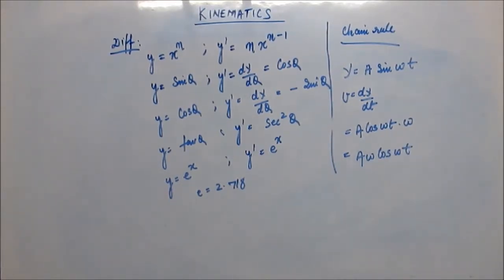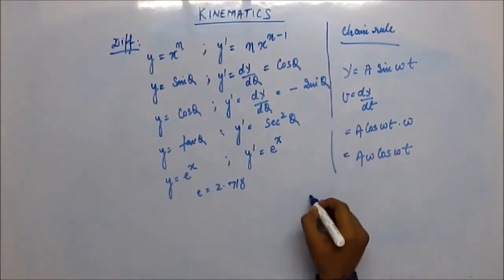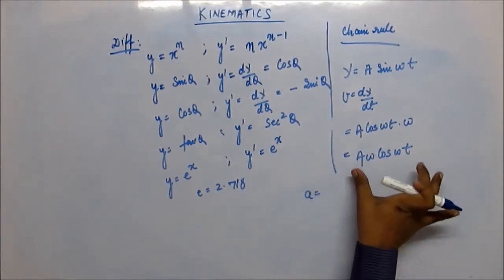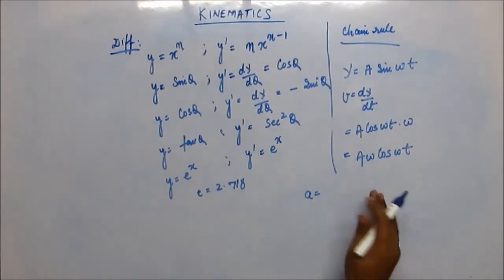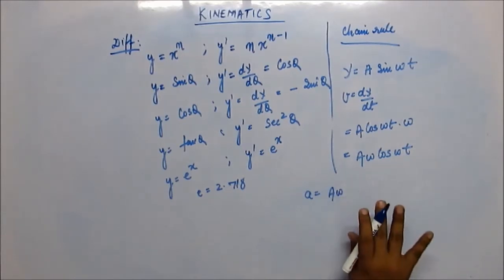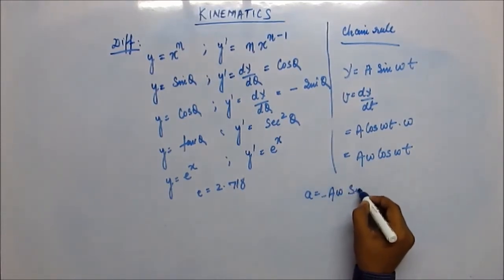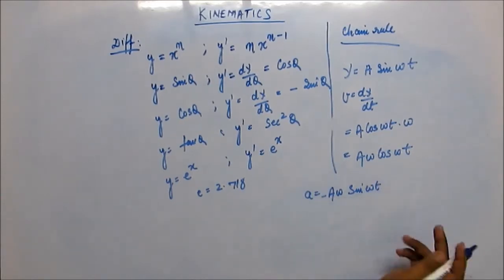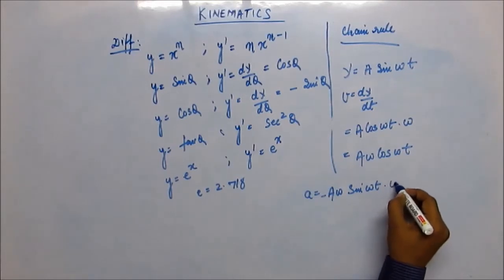Fine. Now if they ask for acceleration, you just have to differentiate it one more time. Acceleration is dv by dt. Now this is velocity. Acceleration will be equal to differentiation of this. Now again a and omega are constants. They have no role in differentiation. Just keep them as it is. Differentiation of cos is minus sine. Minus sine omega t, and again you have to do the differentiation of the argument, which will be omega.